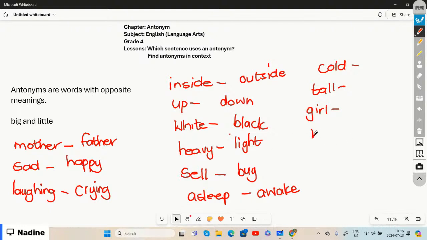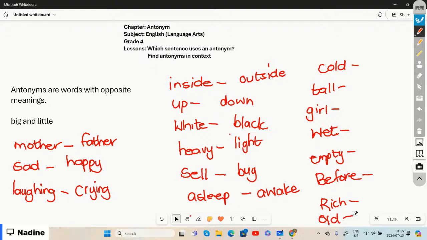It's either you are wet or you are what? The cup is either empty or the cup is what? You are either before me or you are what? You are either rich or what? And you're either old or what? That is a few more words of antonyms.